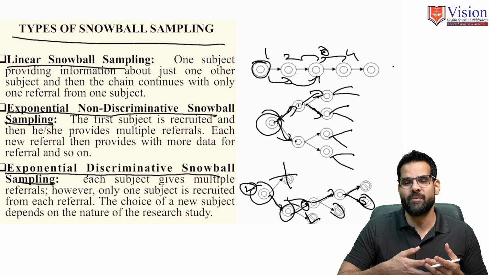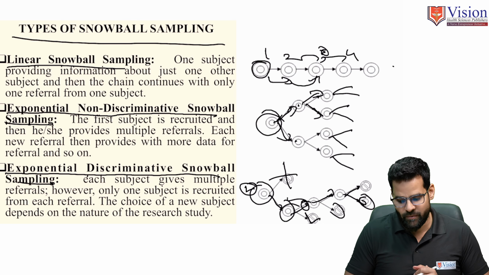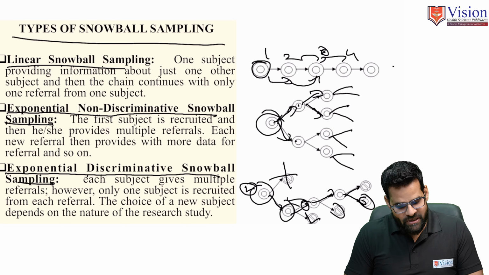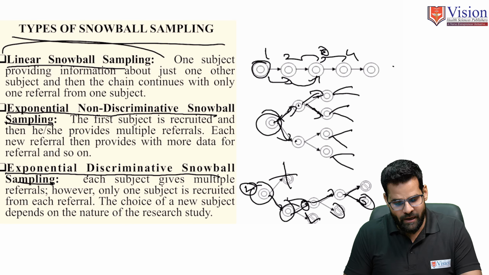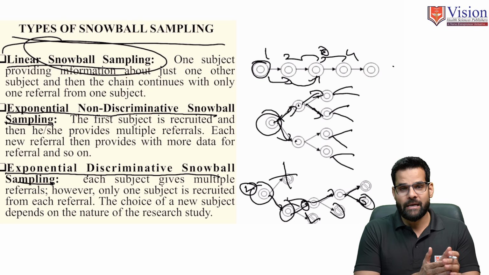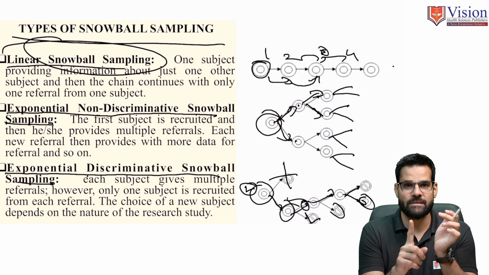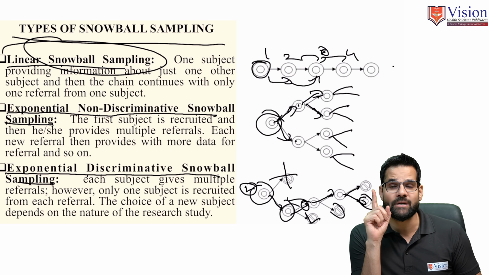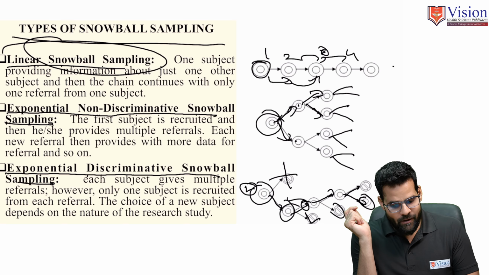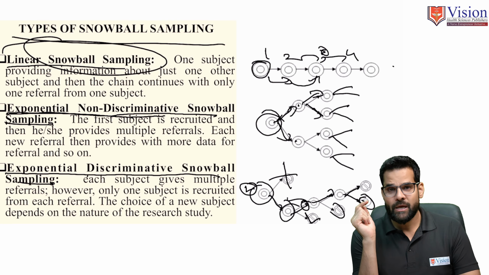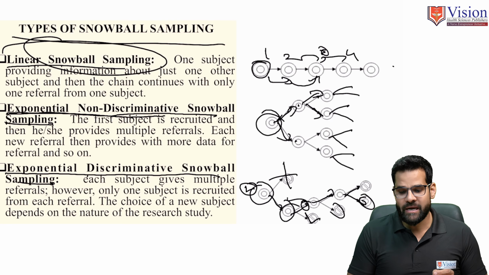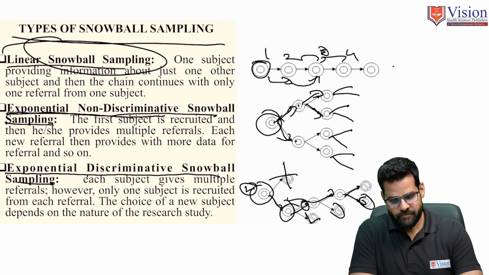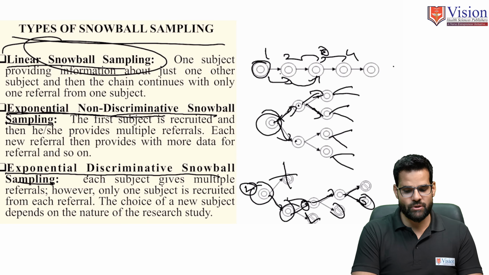Maybe random, or maybe based on convenience or choice, whatever it is. It is the same as linear; the only difference is that in linear we get only one reference, but here we get multiple references from the same subject, and we select only one. In non-discriminating, as many references as we get, we are going to follow. So that's about snowball sampling.